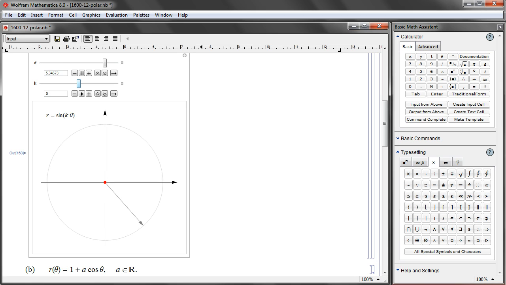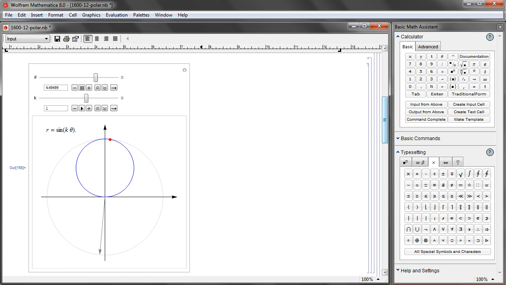But when I take different k value, things are a little bit different here. In this case, k value is 1. So let's see what you have here. r is sine of k theta, so r is equal to sine of 1 theta. When theta is between 0 and pi, as you just saw, then sine value is positive. In other words, r is positive. What do I have?